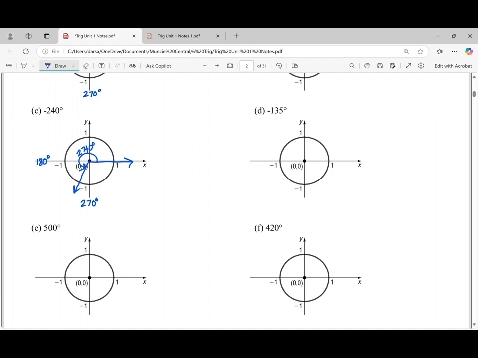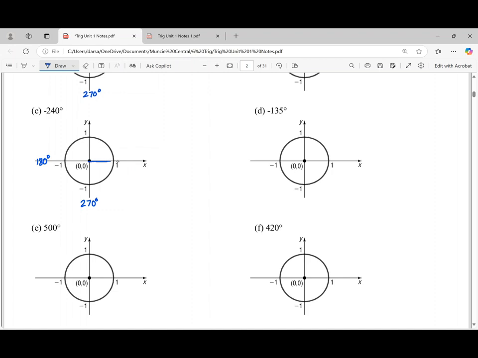240 degrees. But because this is a negative angle, that tells us instead of measuring that same 240 degrees, which goes 180 degrees plus a little bit more, in a positive counterclockwise direction, we're going to measure this going the other direction.